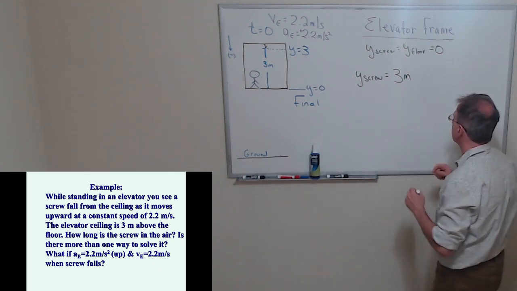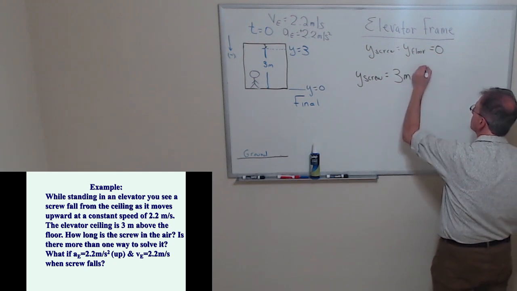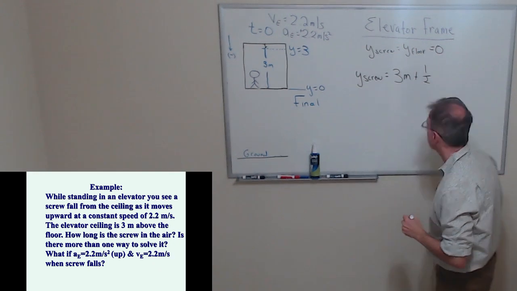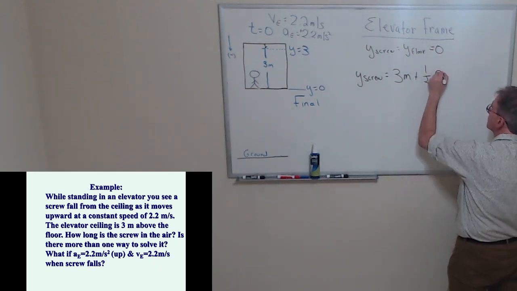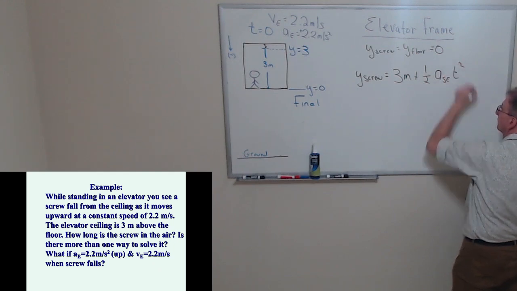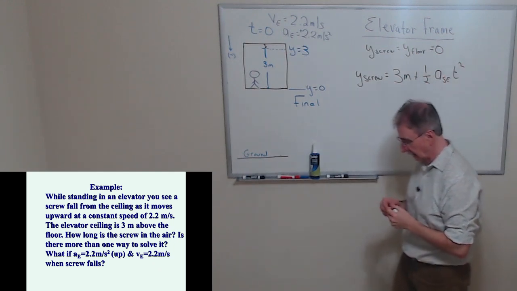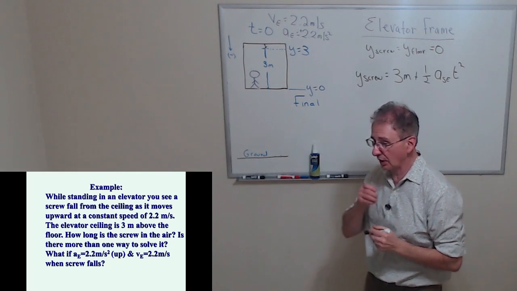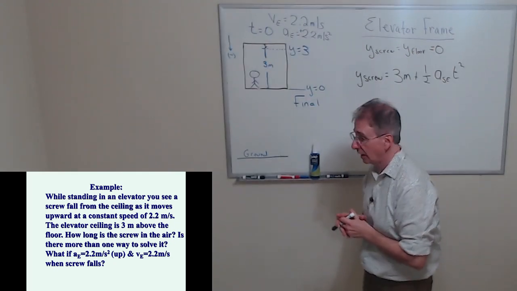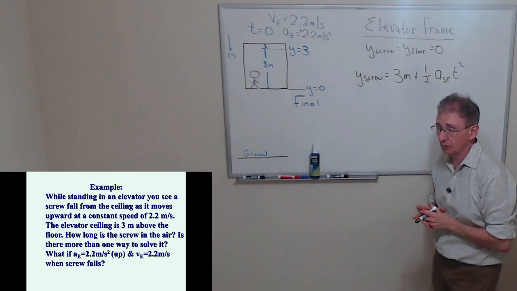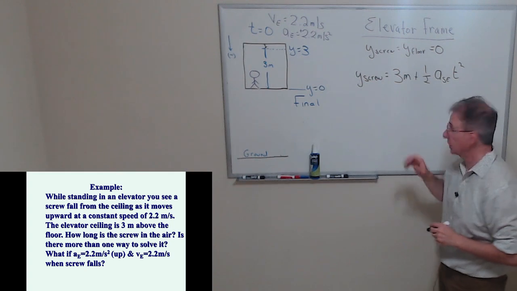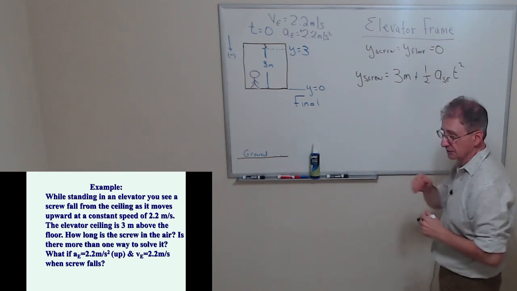The hard part is writing the acceleration of the screw in your frame, because we need to know the acceleration of the screw relative to the elevator. And I want to show you a systematic way to determine that. Some of you might figure that out right away, but I want a systematic way. I want the magnitude of this thing, so I didn't put in arrowheads.